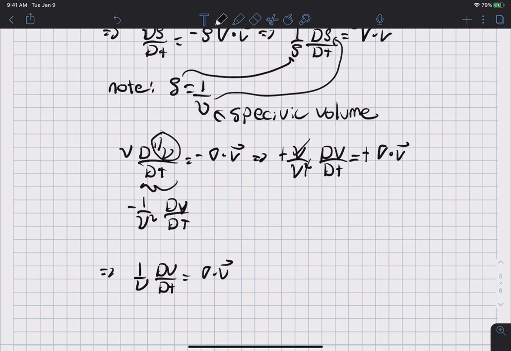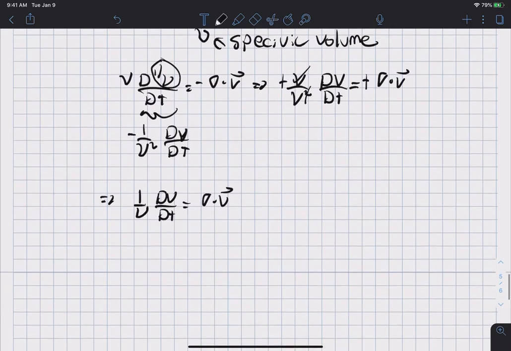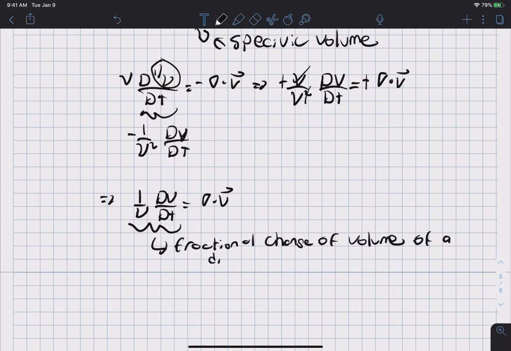So, great, whoop-de-doo, what does this represent? Well, this term here represents the fractional change of volume of a differential or infinitesimal, I should say, fluid element.